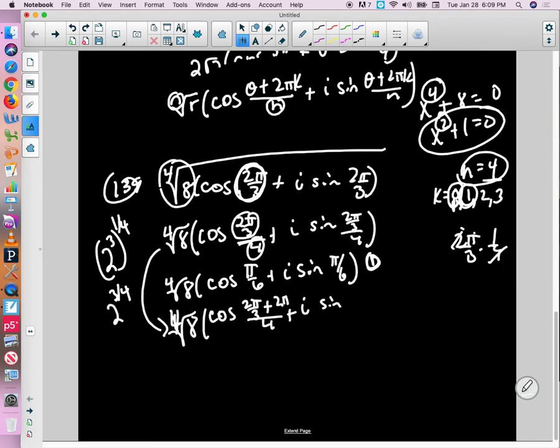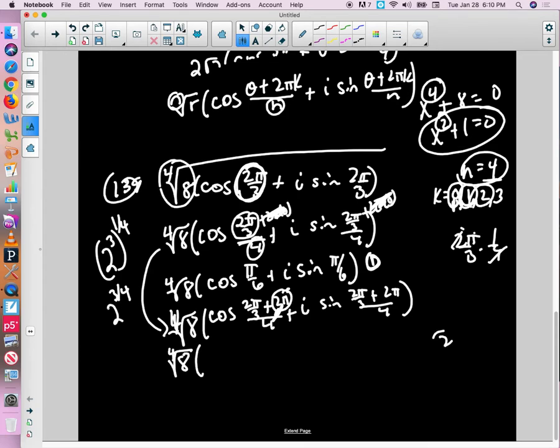This one was plus 2 pi times 0, which means you were just going through your first cycle. And now I have 2 pi times 1, so you have 2 pi over 3 plus 2 pi times 1 divided by 4. It doesn't take long to see that what you're going to add every time is pi over 2. Because the next one you put in a 2, so you'll go out to 4 pi over 4. But, in fact, I'll go ahead and do it.